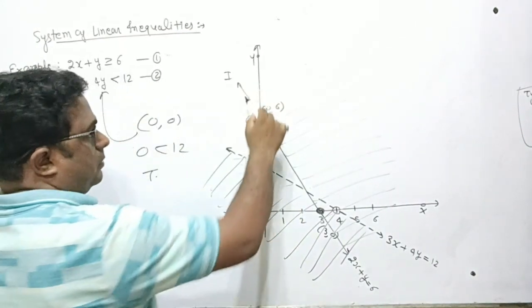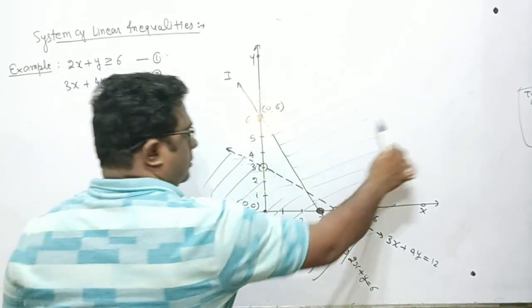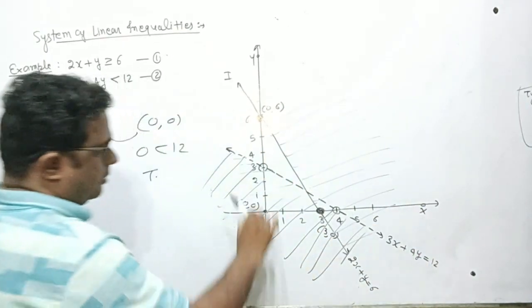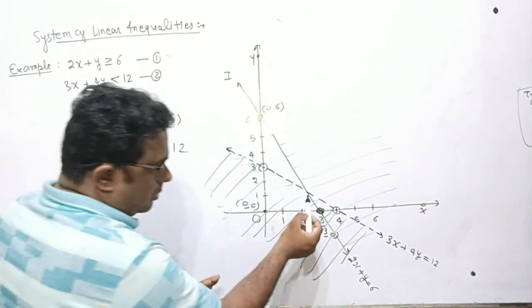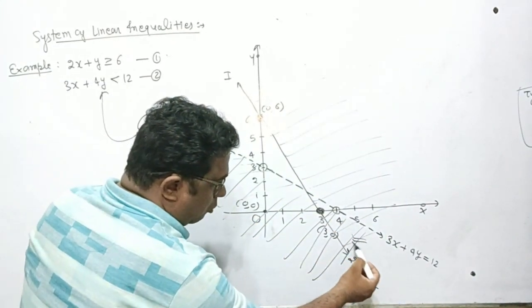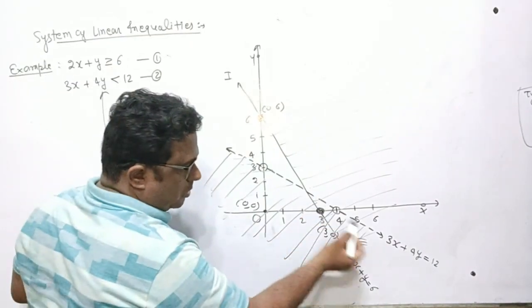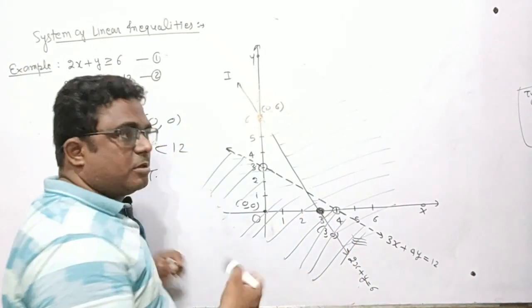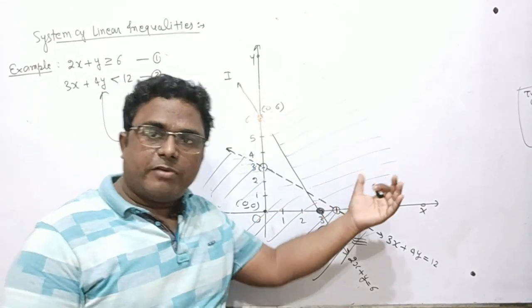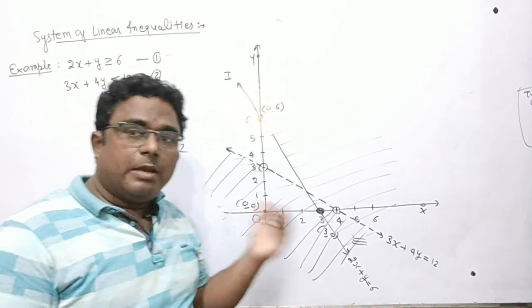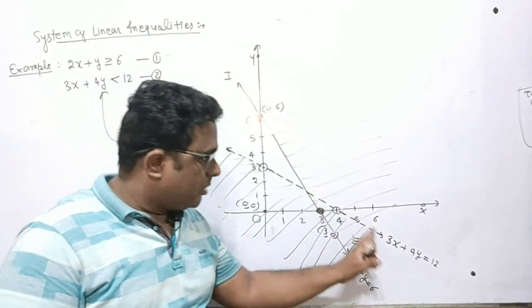Now you see, this is the shade regarding the first line, and this is the shade for the second line, and this portion is the common portion. In this portion we are getting shade both times. When I did the shade for the first line and when I did the shade for the second line, every time I did the shade in this area.